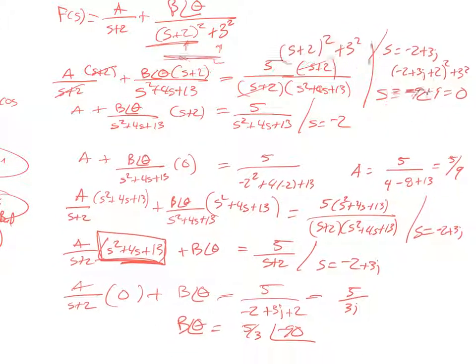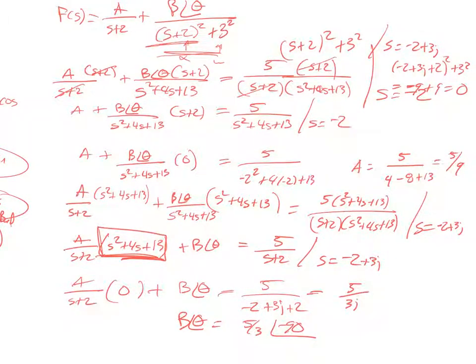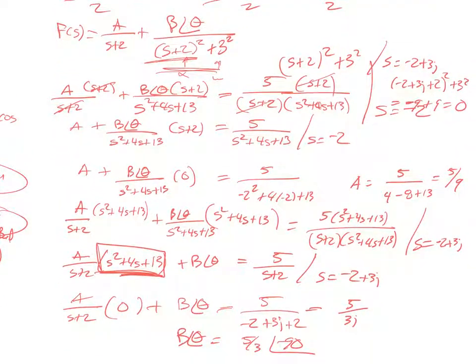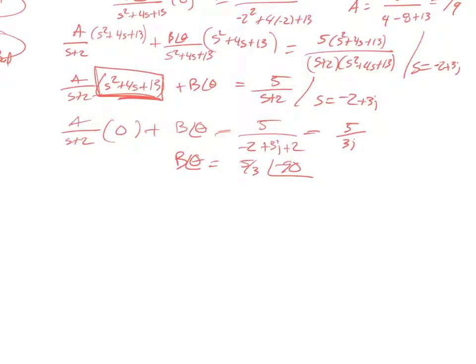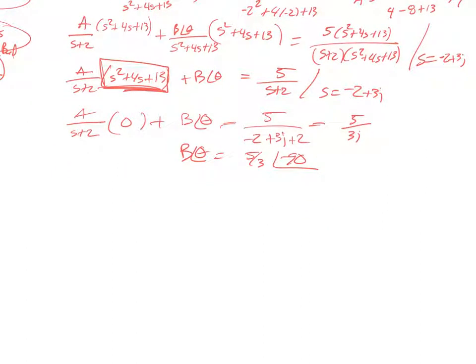So my F of s, and I'm going to bring that here, my F of s is going to be equal to A over s plus 2, which was 5/9, plus 5/3 at an angle of minus 90 times 1 over s plus 2 squared plus 3 squared.